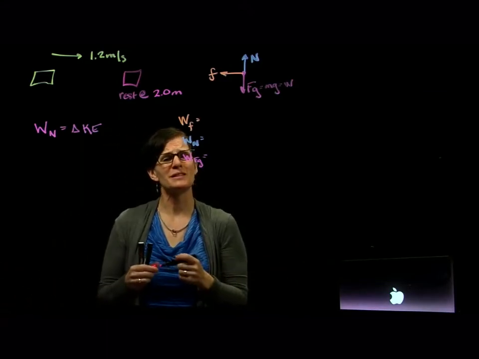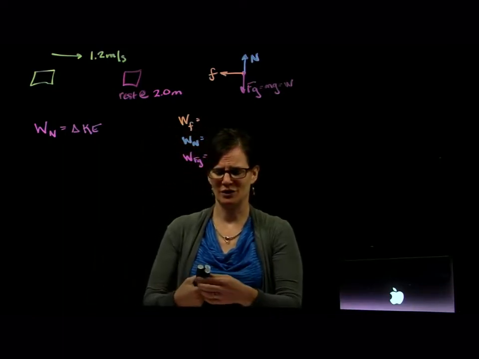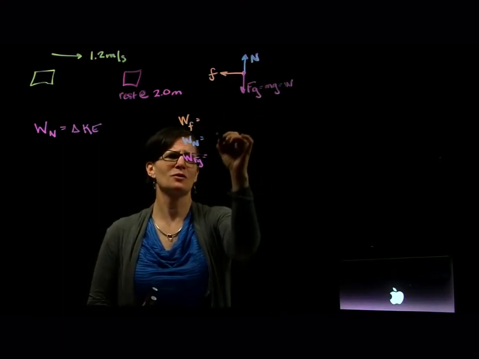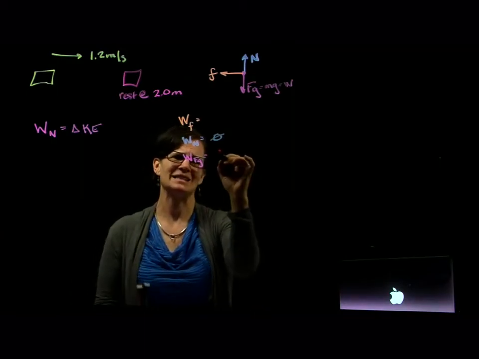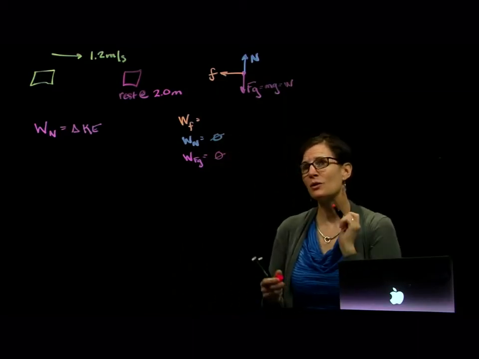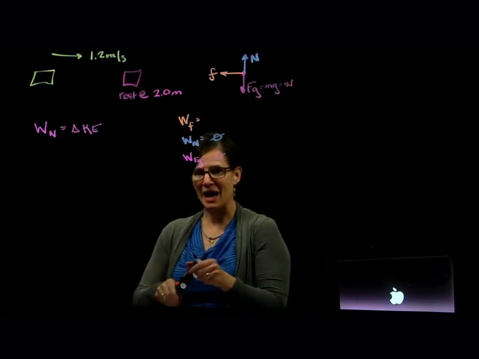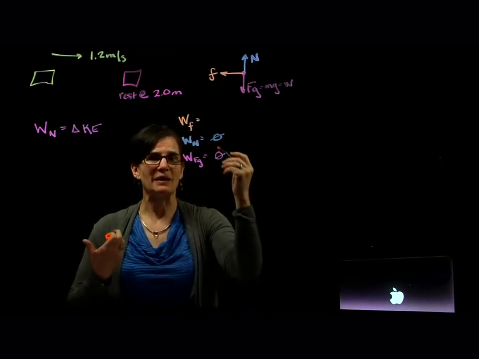So only forces that have components in that dimension are going to contribute to the work. We can see that there is no work being done by the normal force, and no work being done by the force of gravity either. So the only work is done by the force of friction.